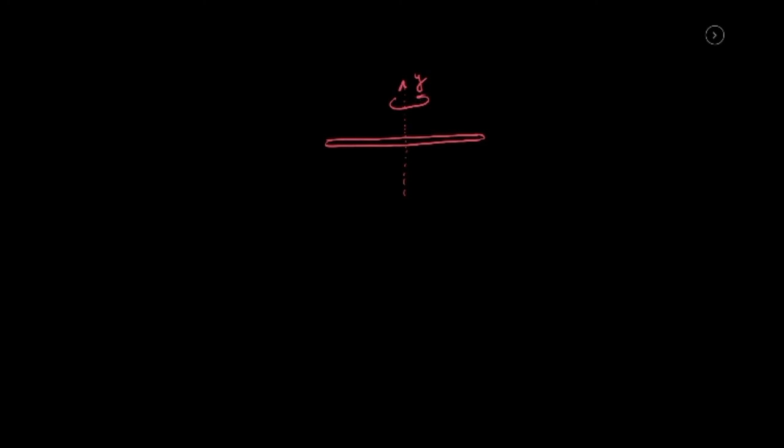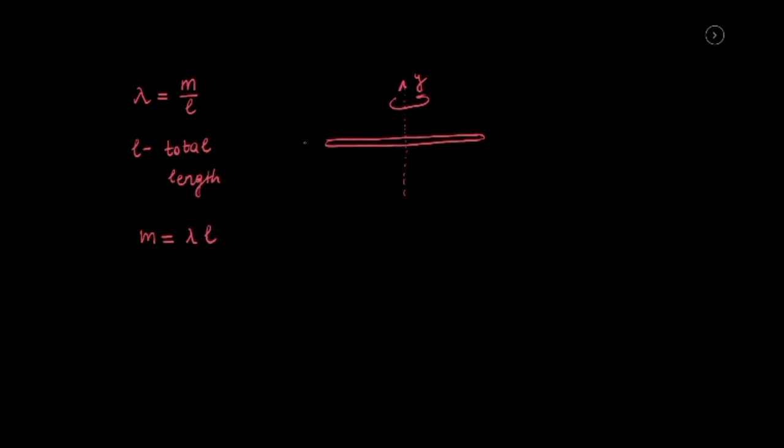Since this rod is uniform, we can also define a linear mass density lambda that is equal to m divided by L, where L is the total length of the rod. So from this equation we can see that m is equal to lambda L.